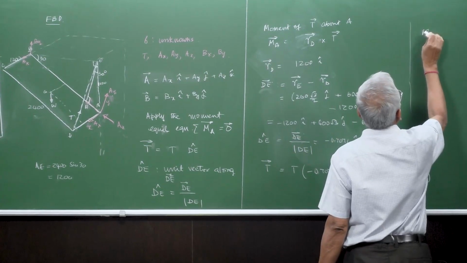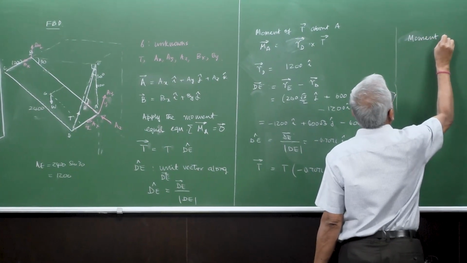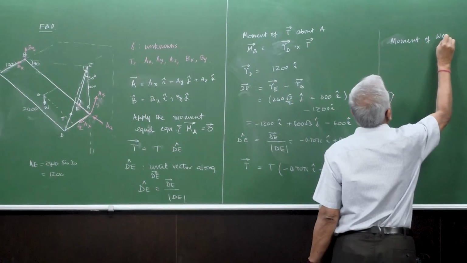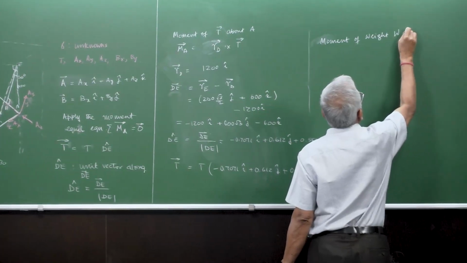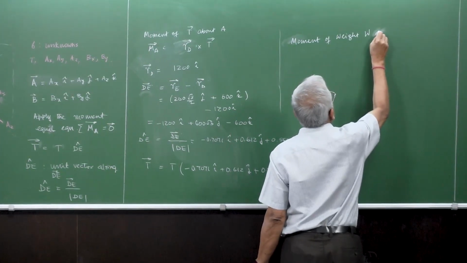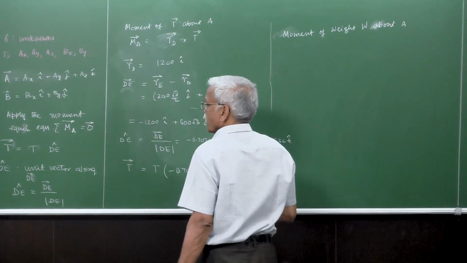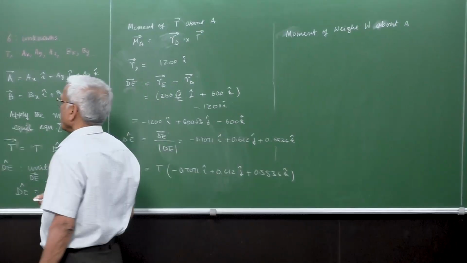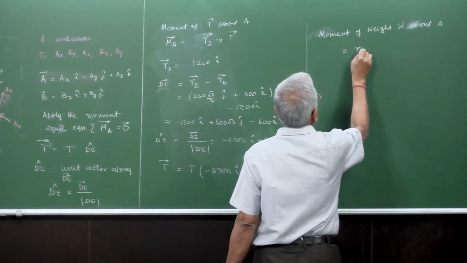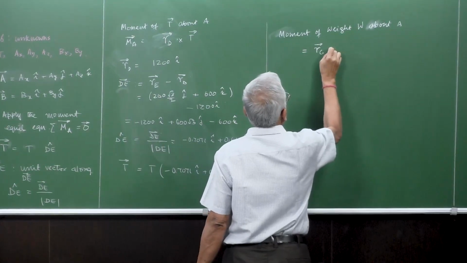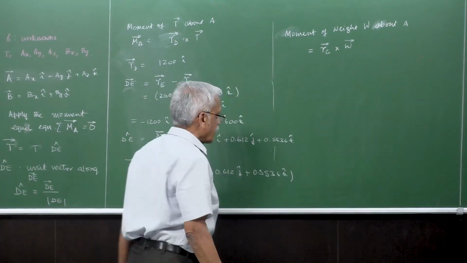The moment of weight W about A, that is the origin point. Okay, so this is nothing but R of G cross W as a vector here.